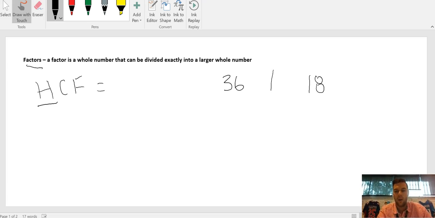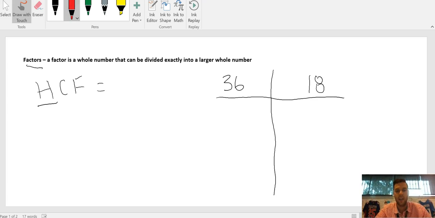We've got to list all the factors of 36 and 18. So let's start here. We know 1 and 36 are factors. 2, and what's the pair for 2? It would be 18. We should know 3 times 12, 4 times 9, and 6 times 6.